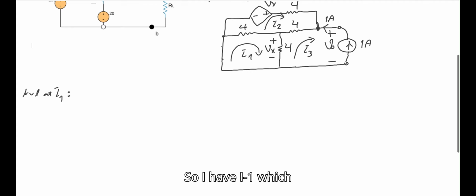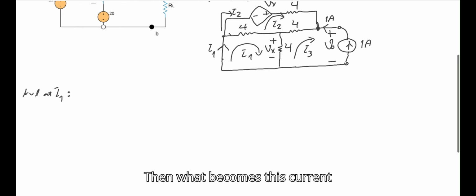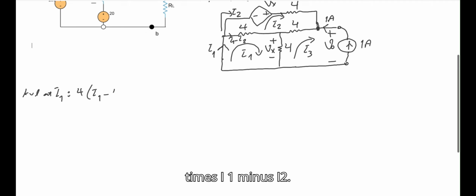I have I1, which is here, and then I2 is over here. Then this current becomes I1 minus I2. So the first term of this KVL loop becomes 4 times I1 minus I2.